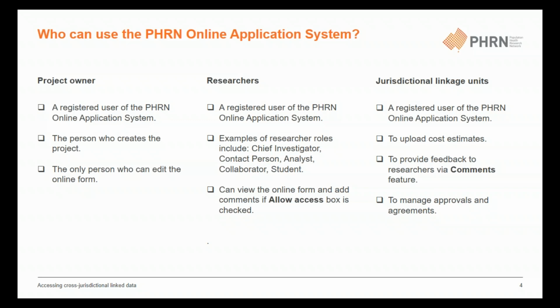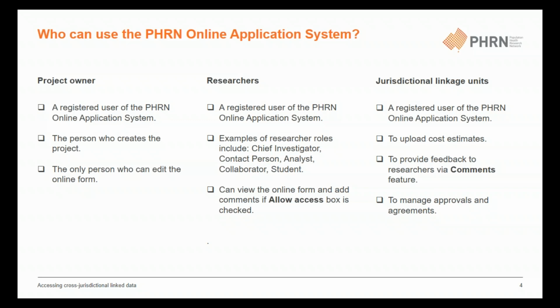There's quite a few different roles that come under this blanket of researcher. And then these researchers can also view the online form and add comments to the form if the allow access box is checked by the project owner.